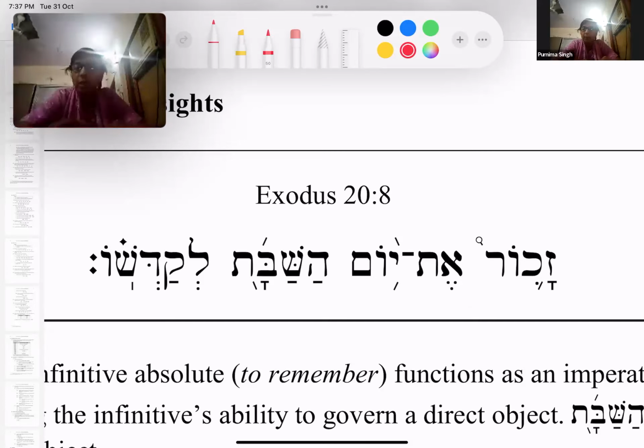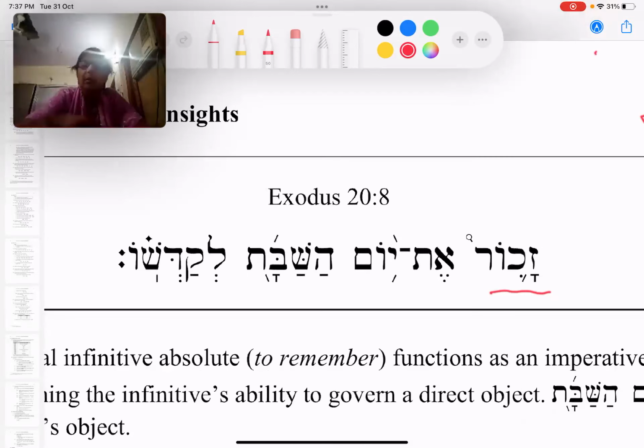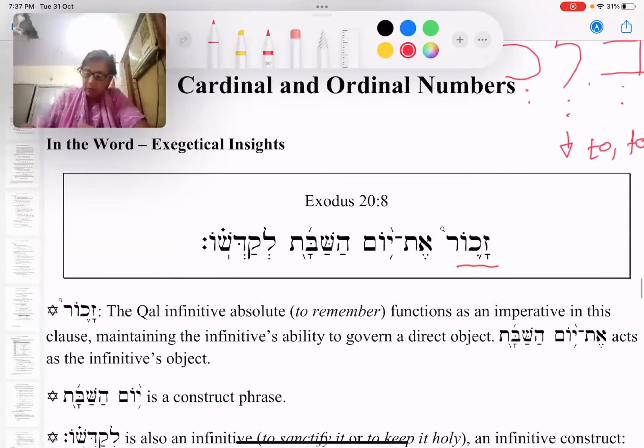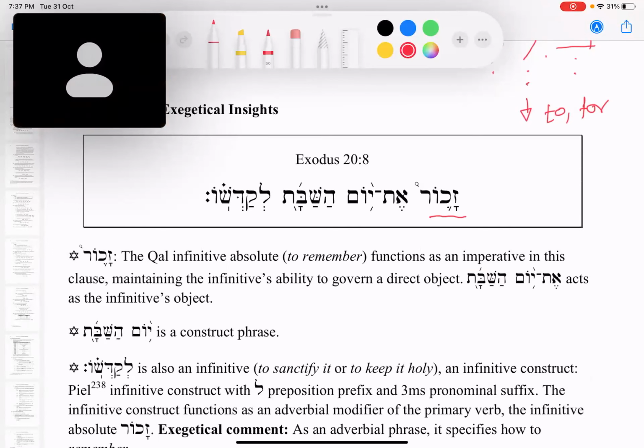Yeah, but here Zakor means remember. Remember the day of Shabbat to keep it holy. Keep it holy or to sanctify. So lamed preposition is used here for 'to' or 'for'.